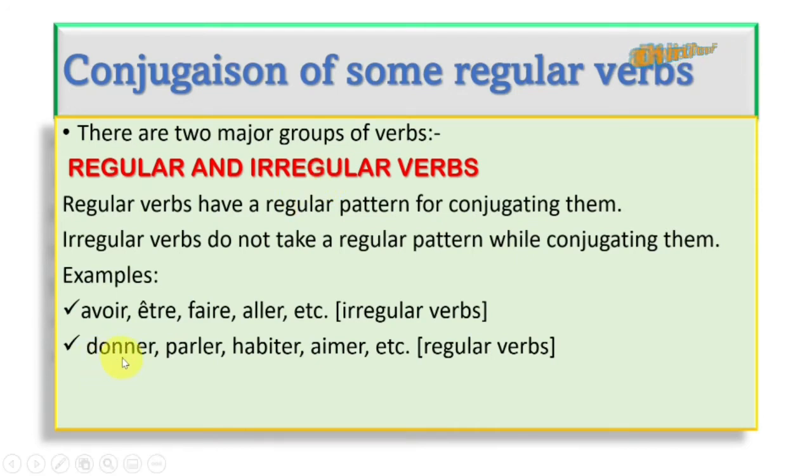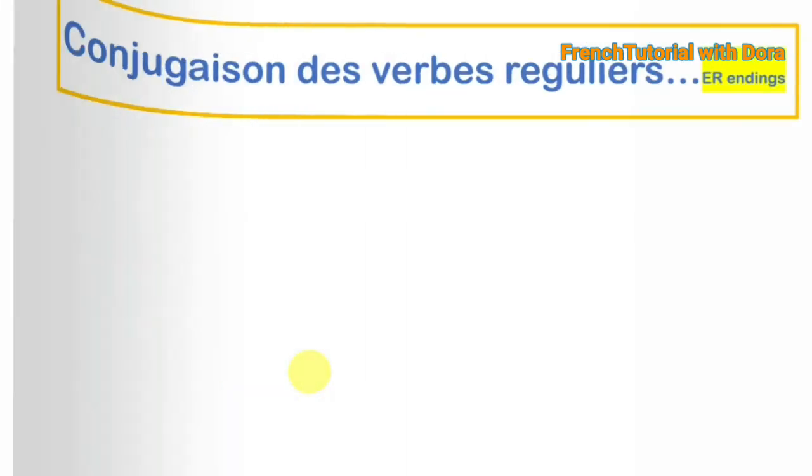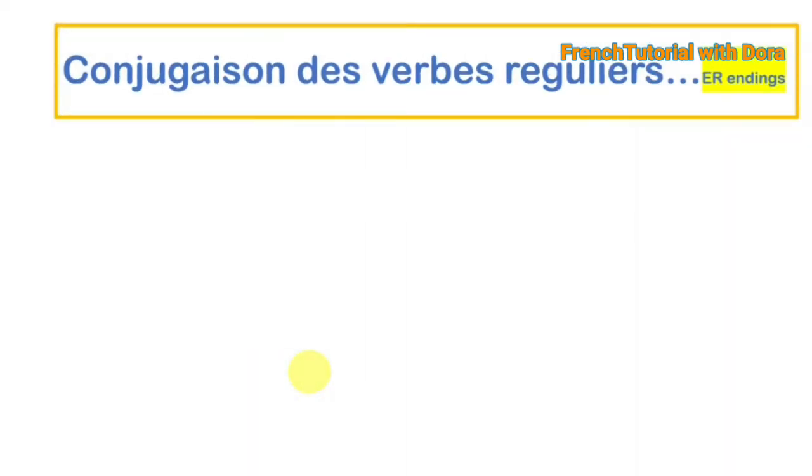And for these regular verbs for today, we have the verb donner, parler, habiter, aimer. There are so many verbs. And there's something you need to learn or note about regular verbs. The regular verbs, there are so many of them. And so they have some other subgroups according to their endings in the infinitive, okay?